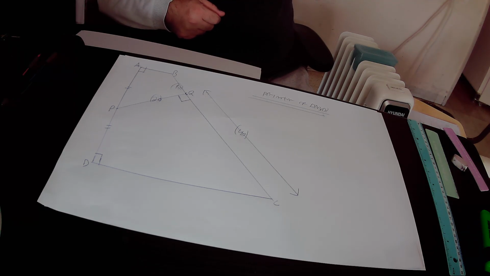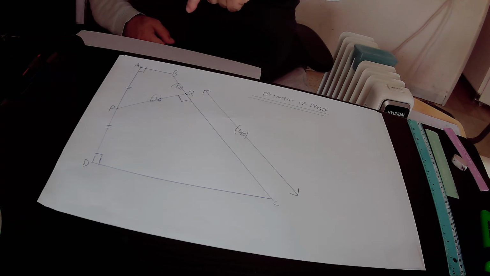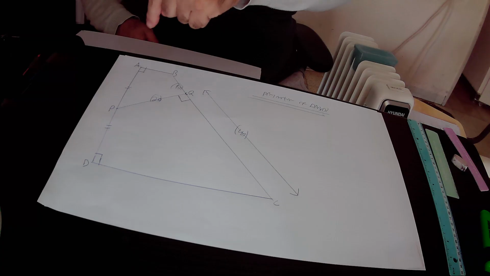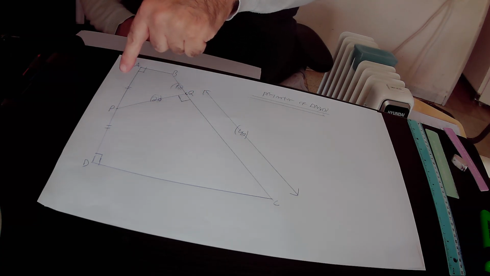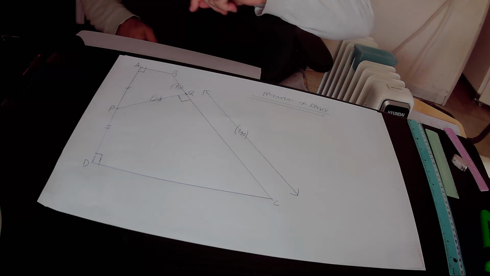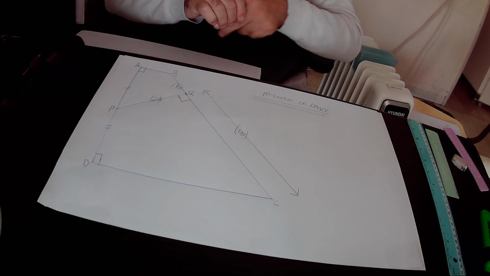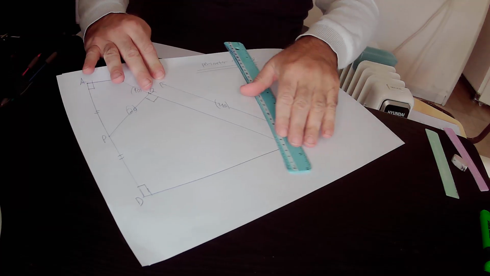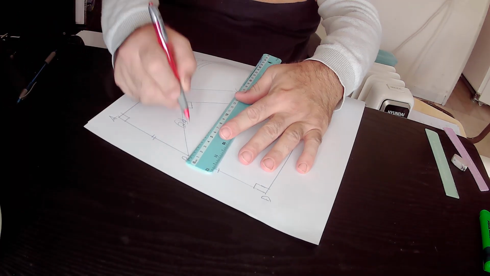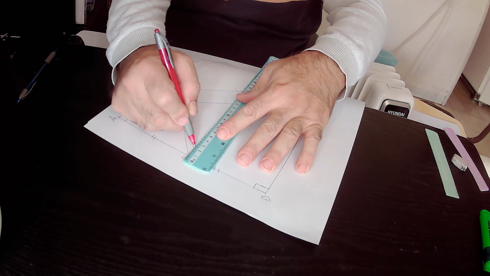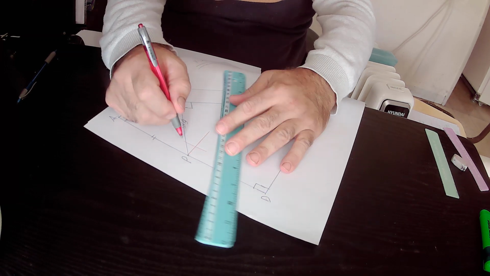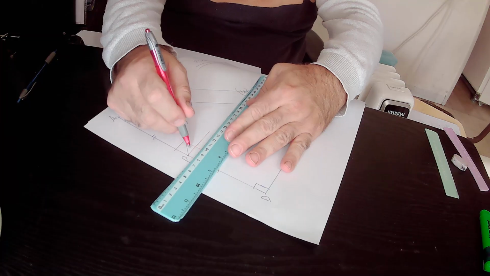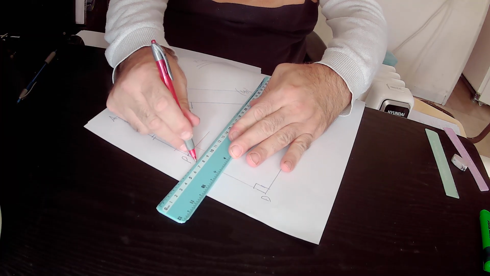So, in the first step, we will do a construction, that is to say, we will draw a perpendicular on AD at point P. So actually, this angle equals 90 degrees, and this angle also equals 90 degrees according to our construction.